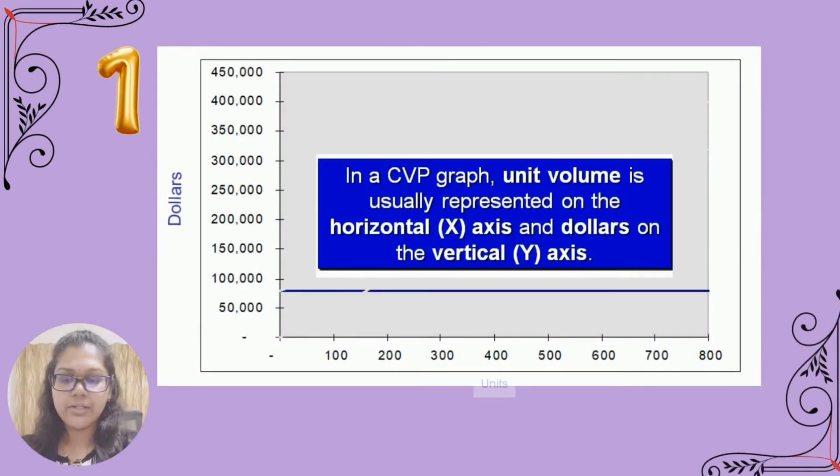The first step in preparing a cost volume profit graph is to draw two axes. The horizontal axis, axis X, represents units, and the vertical axis, axis Y, represents amount, which is dollars or RM. We have to label these two axes with an appropriate scale according to the information given.